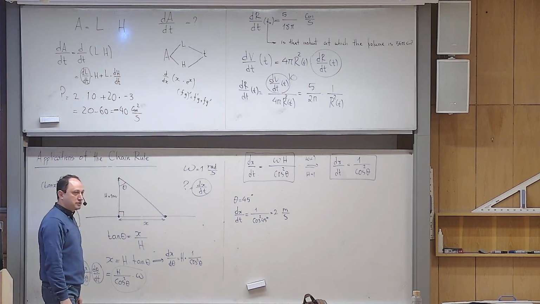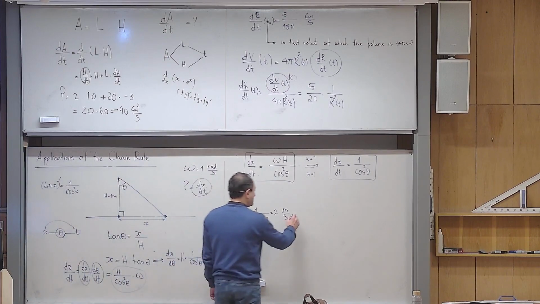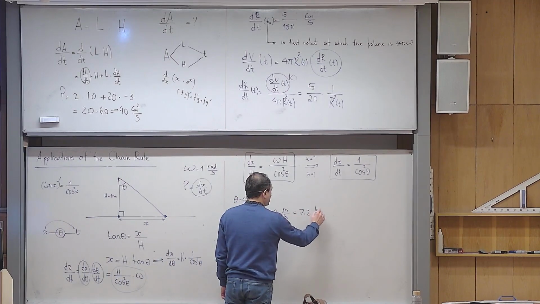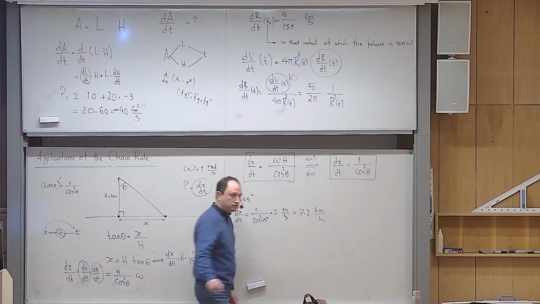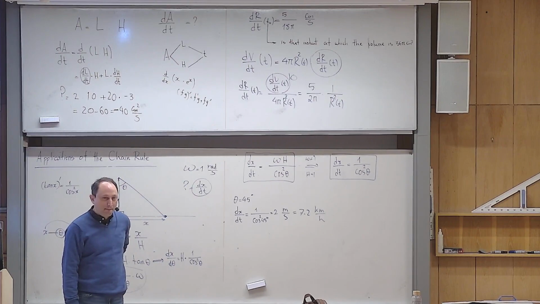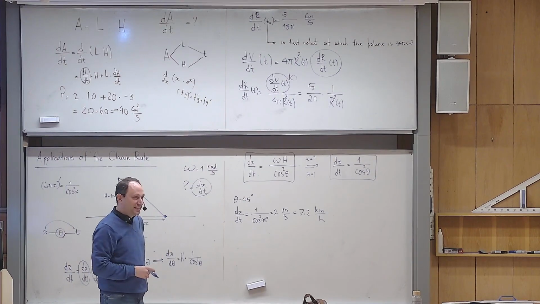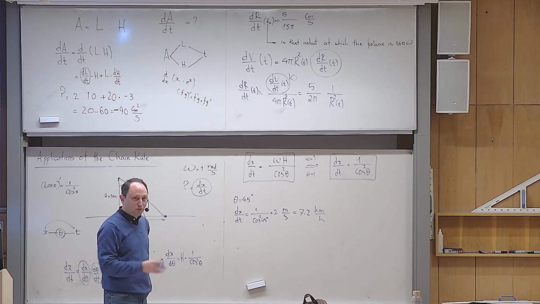How many kilometers per hour? You have to multiply by 3.6, so it becomes 7.2 kilometers per hour. How fast can you walk normally? Approximately 6 kilometers per hour, so it's still a little bit faster than your walking speed.